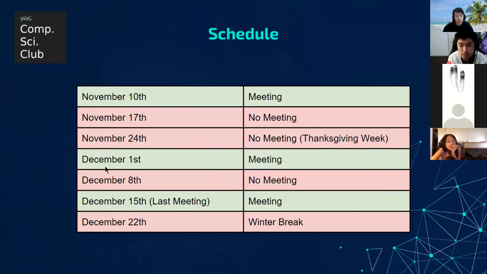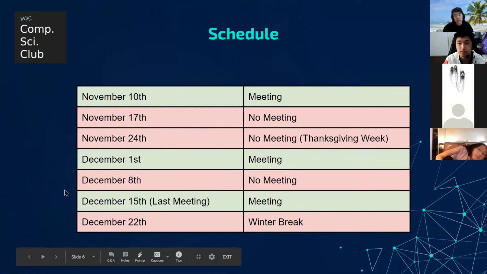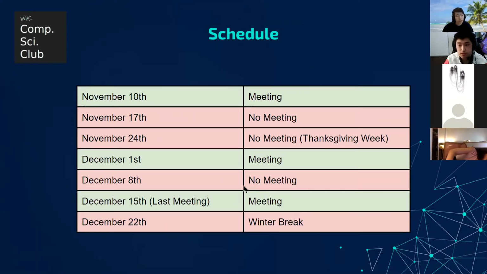Then on December 1st, we're going to have a meeting, and December 15th will be our last meeting before winter break. The next time we'll see you will probably be in the new year. This is just a heads up. We'll be sending reminders as the weeks go on, but basically we're going to have a 2-week break and then we'll go back to our regular every other week.